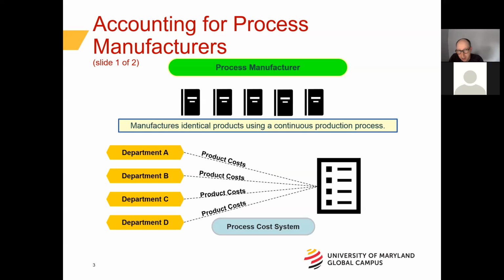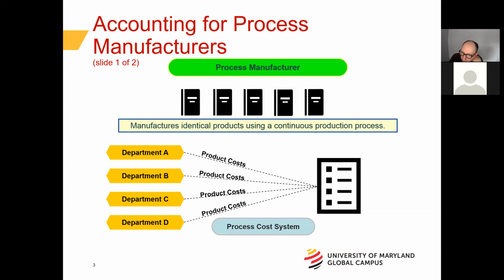And in process manufacturing, we have multiple departments that add to the process. For example, in Department A, where the raw materials are introduced into work in process, Department A begins that manufacturing process. An example of that would be the mixing department for an ice cream manufacturer.